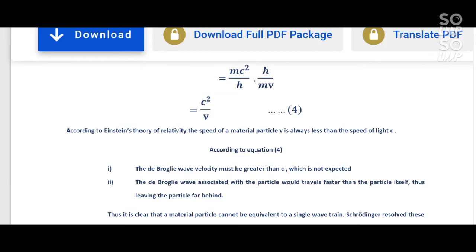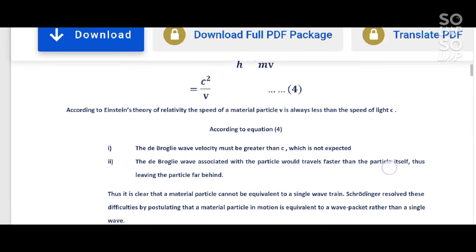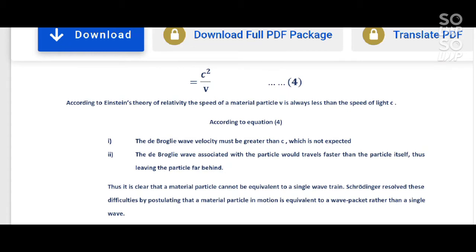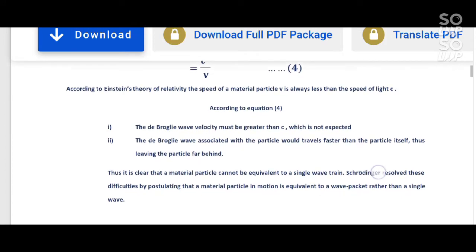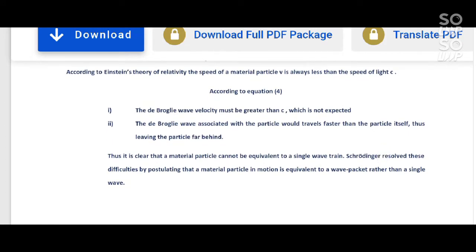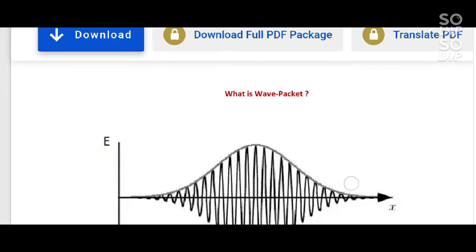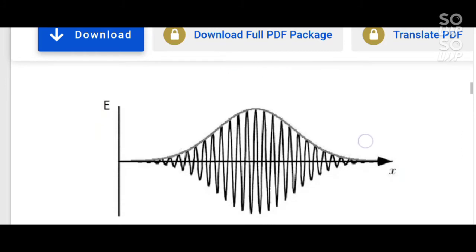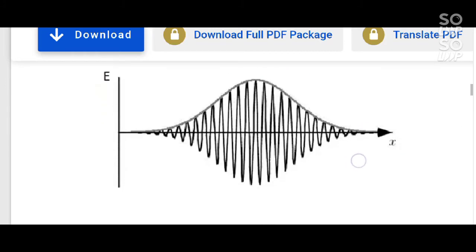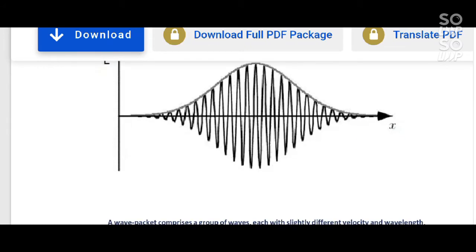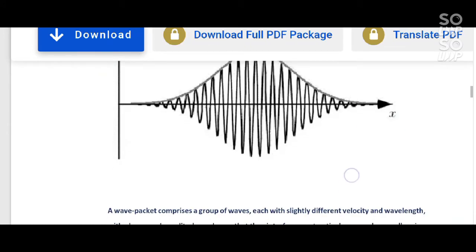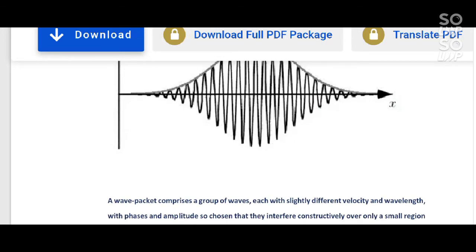Schrödinger resolved these difficulties by postulating that a material particle in motion is equivalent to a wave packet rather than a single wave. Now let us discuss what a wave packet is. This is a general graph for a wave packet.